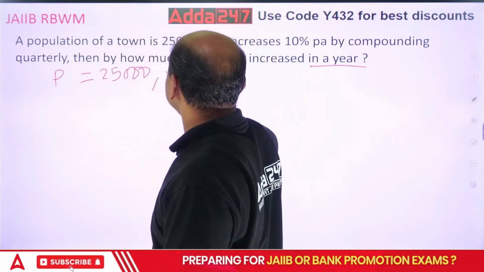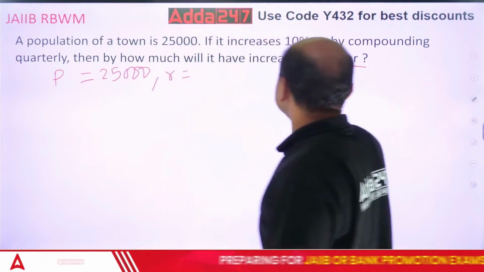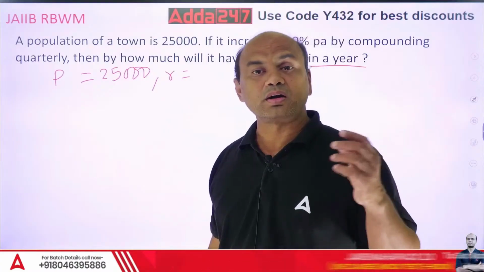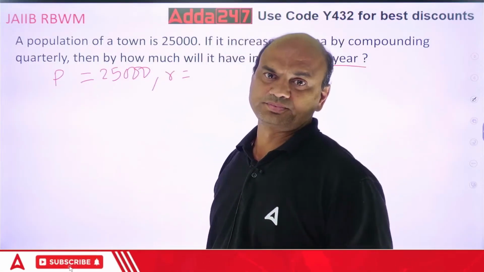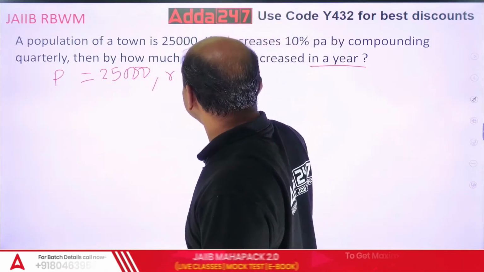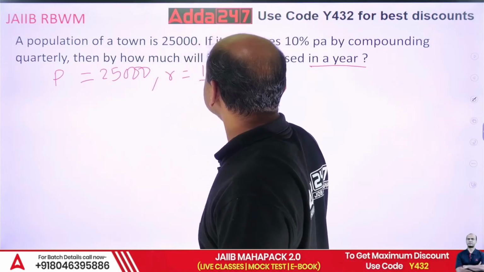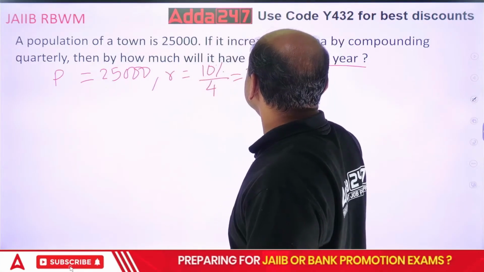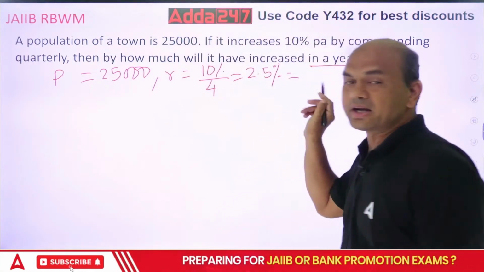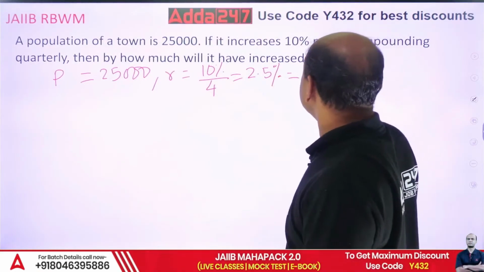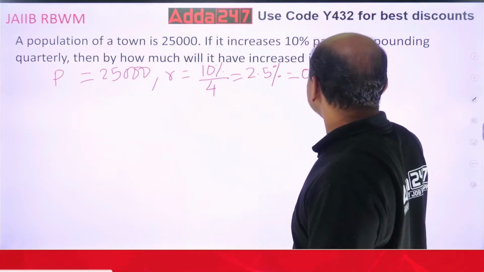Then R is given as what? Rate of interest. Means what is it increasing? 10% per annum. But I want it compounding quarterly. So compounding quarterly means what? 10% divided by 4. So that is equal to 2.5%. You have to write it in terms of upon 100. So it will be 0.025.